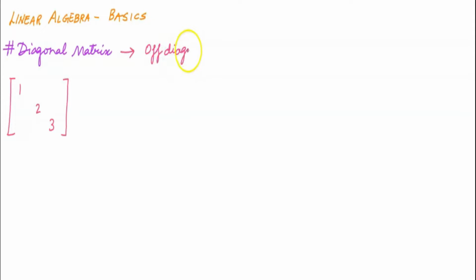If the off diagonal elements are equal to 0, then this is a diagonal matrix. That means if I fill all these empty spaces with 0, then this example is a diagonal matrix.